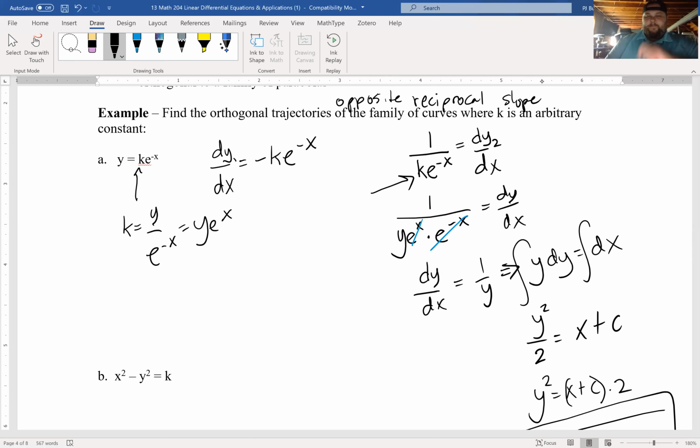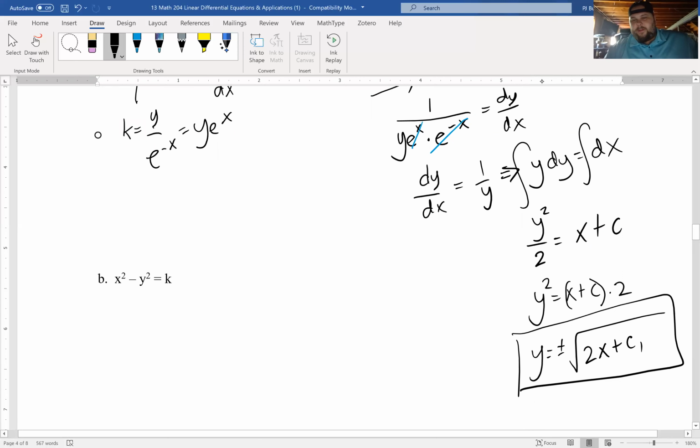So it made it positive. You set that equal to dy/dx for the function you're trying to find. If there is a constant like k, well, technically a variable in this case, you have to solve for it and plug it back in before you carry out the integration. Once you do that, you find your function that is orthogonal.